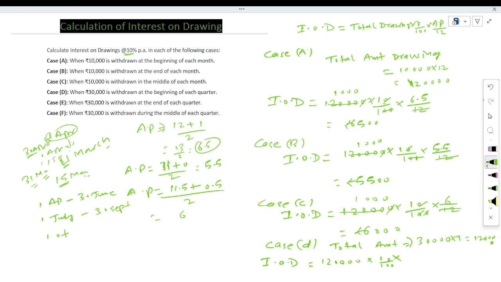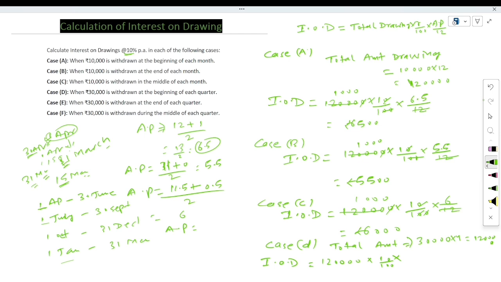Now 1st October to 31st December, third quarter. Now 1st January to 31st March, this will be the fourth quarter. Now see here how we will calculate the average period. This is the beginning of each quarter: 1st April, then 1st July, then 1st October, then 1st January.